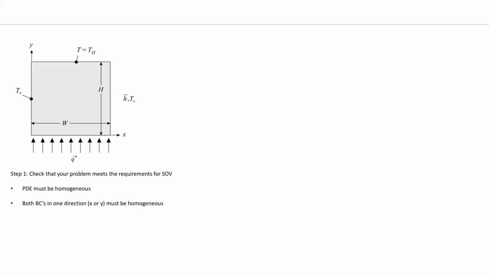First, let's write out the PDE. The PDE for this problem is the same as it was before. We're not adding generation. We don't have convection inside the domain or anything like that. So the PDE is the same as it was before, which was the partial of squared T over x squared plus the partial of squared T over y squared is equal to 0.